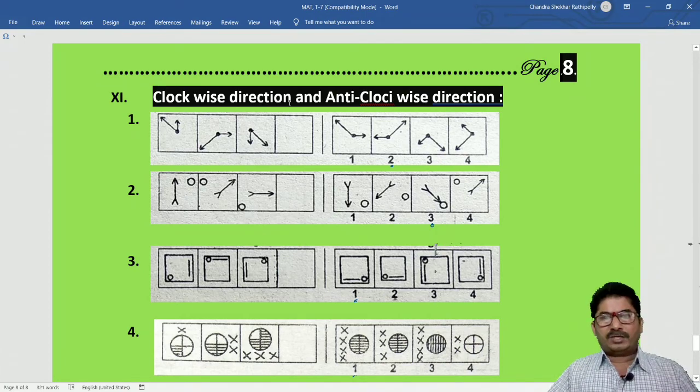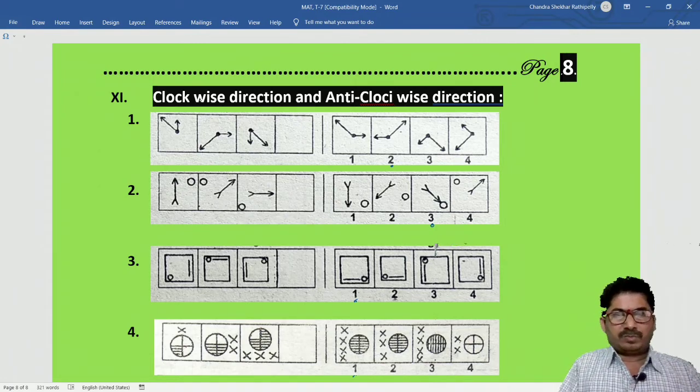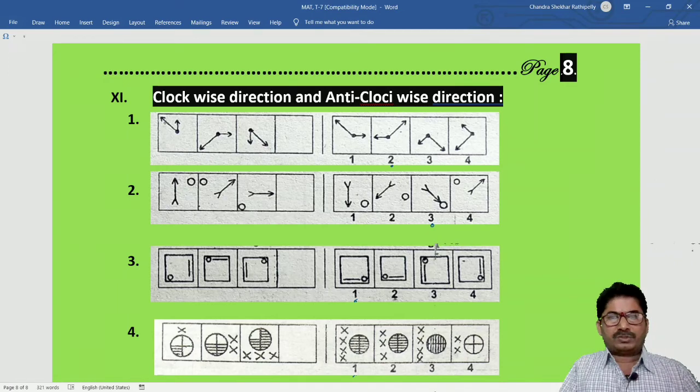Twelfth, clockwise direction and anti-clockwise direction. Here we have to observe both the directions. First, the long arrow mark is rotating anti-clockwise.